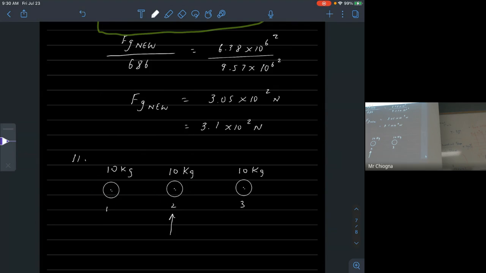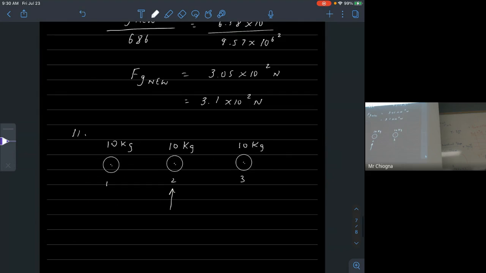Okay, so what is the force? Here's the question. What's the net force on 2? That's the question. So what is the force being caused by? It's caused by 1 and 3.